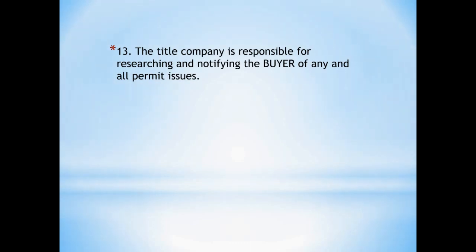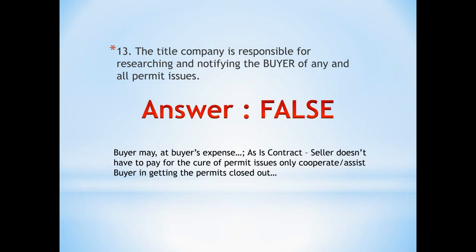Number 13, title company is responsible for searching or researching and notifying the buyer of any and all permit issues. Now, you guys ought to know this one. That is false. The buyer may, at buyer's expense, search for permit issues.